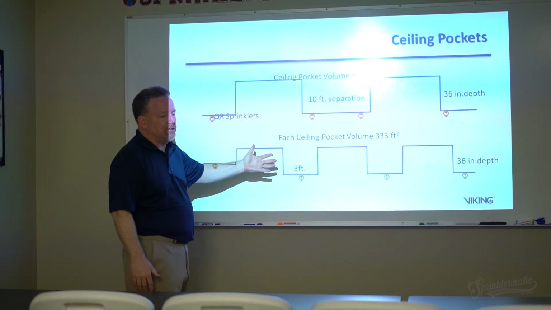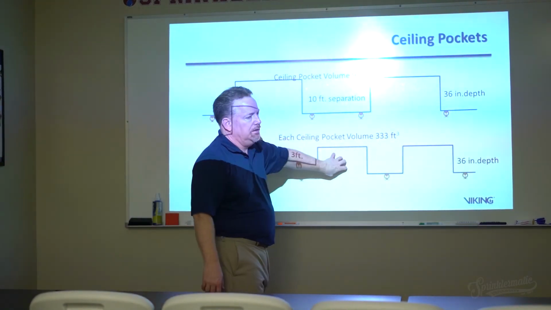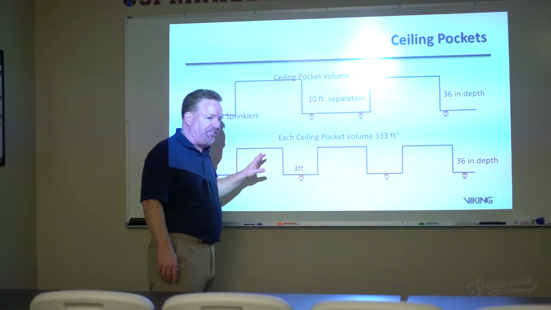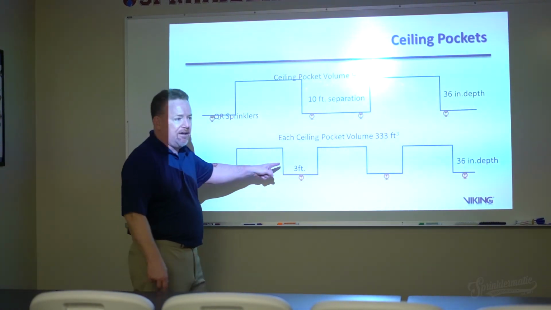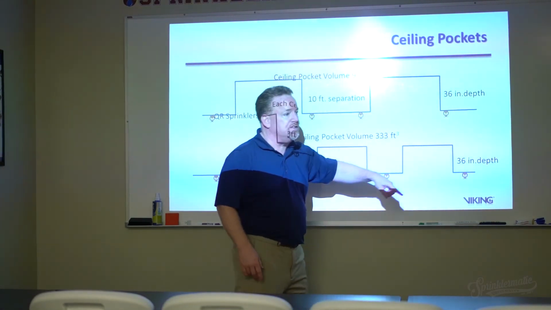So basically what the standard now says is, as long as the accumulated cubic feet don't exceed 1,000, you can have them closer together, as long as you still have quick response sprinklers down below and it's not greater than 36 inches up.